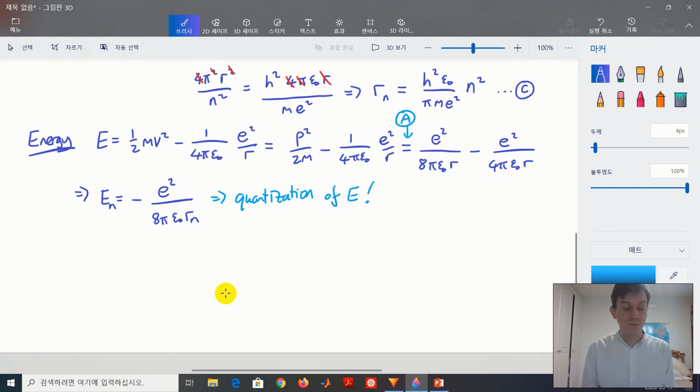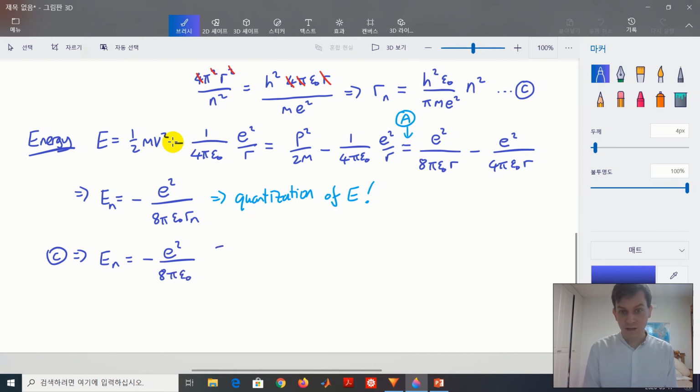Okay, which is what we wanted. And finally, to work out the formula for this, we just have to put the formula C for the quantization of radius into this formula for energy here. So lastly, formula C implies that E_n is minus e squared over 8 pi epsilon 0 times 1 over R_n.